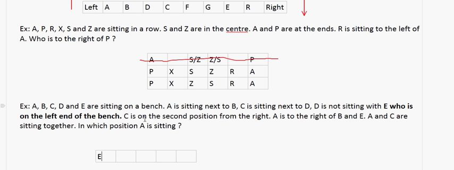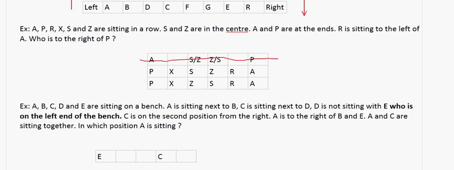The next statement is C is on the second position from the right. So second position, first position from the left is this. Second position from the right is this. So C is on the second position from the right, right?